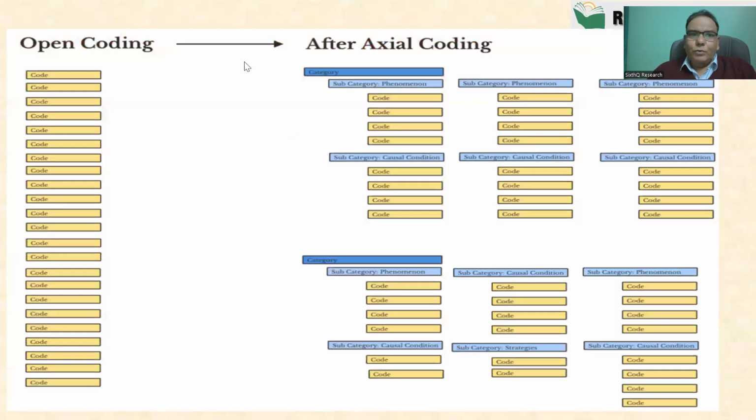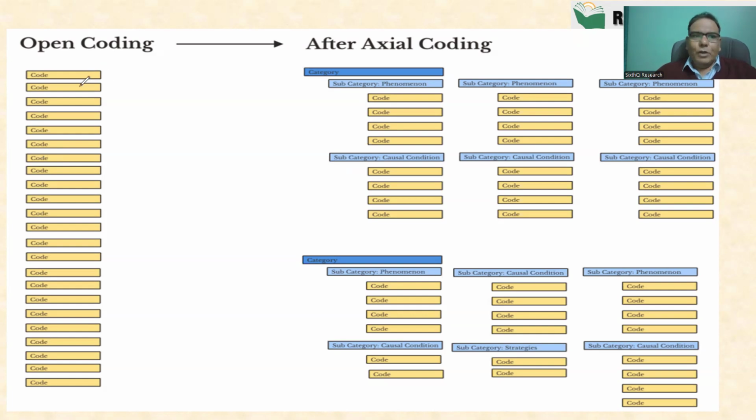Now I am just showing you the difference between open coding and axial coding. These two words we frequently use in qualitative research, so what is the meaning of open coding and what is the meaning of axial coding? Open coding is done by manual reading. First of all, we open this document and try to find the most important keywords, phrases and sentences.